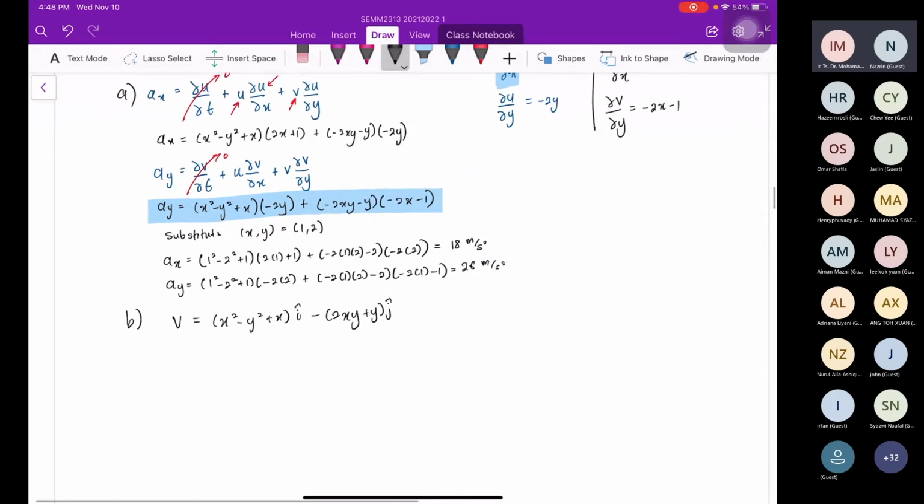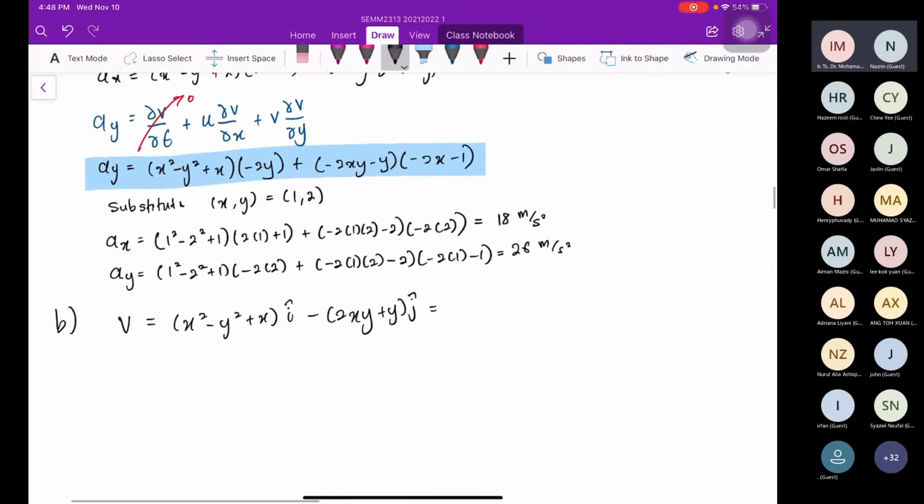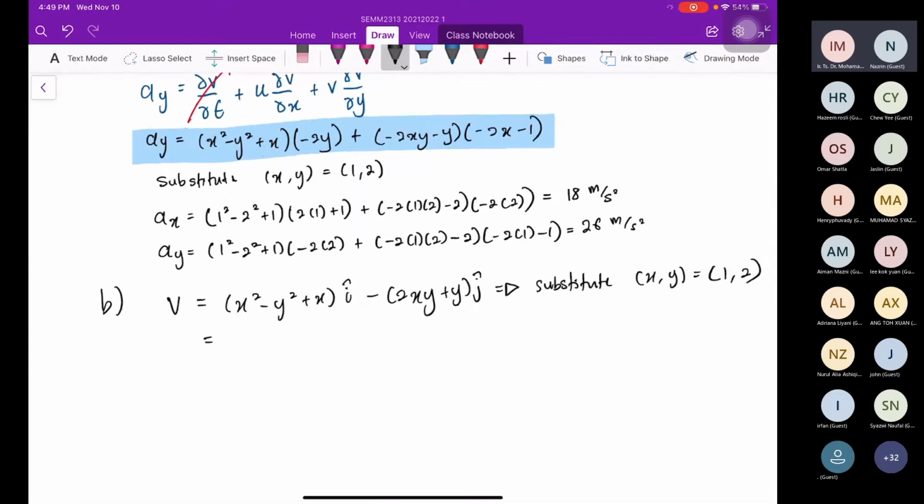So just substitute the value. Substitute x and y equal to 1 and 2. So you will get 1 squared minus 2 squared plus 1.